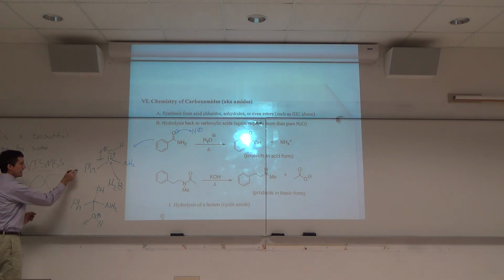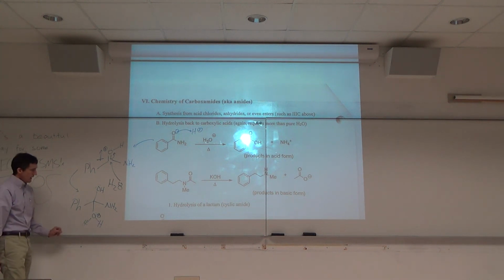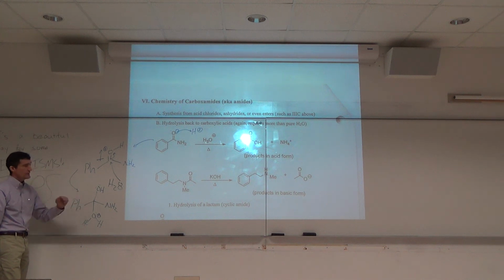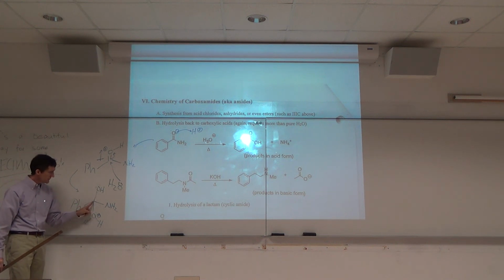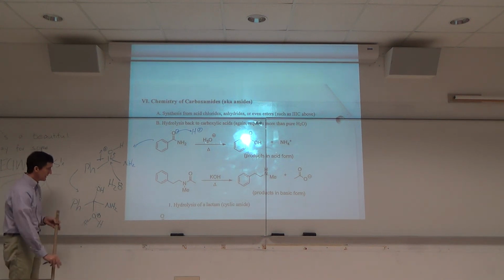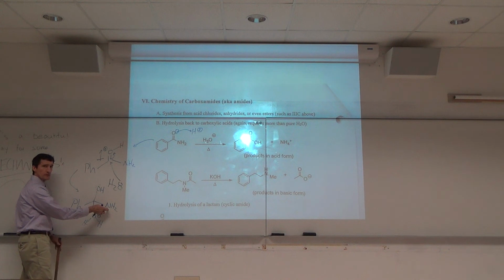We get to that point there, yeah? What do you propose doing next? Ultimately, what do we have to eliminate off of this carbon? Nitrogen. Which is a better leaving group? Neutral nitrogen or protonated oxygen?